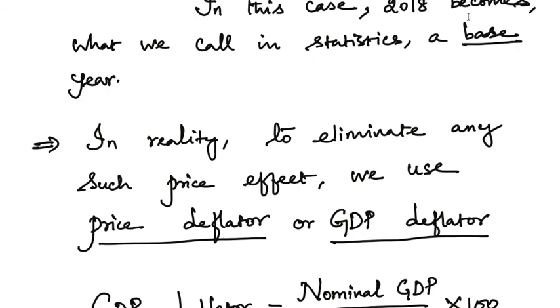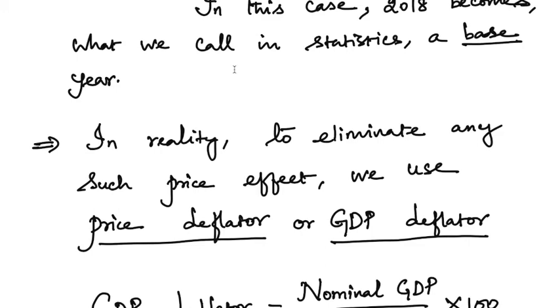So in this case, 2018 becomes what we call in statistics a base year. To calculate real GDP and eliminate the price effect, we use a base year that is free from any macroeconomic disturbance. For example, 2020 cannot be used as a base year because right now the economy is not normal.